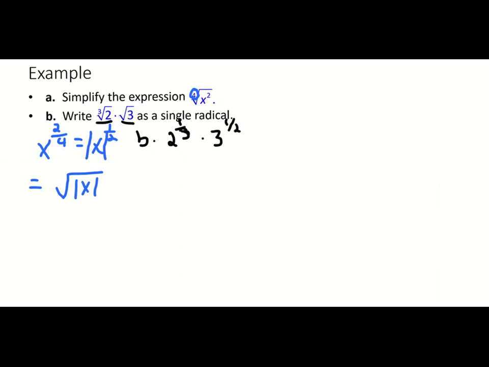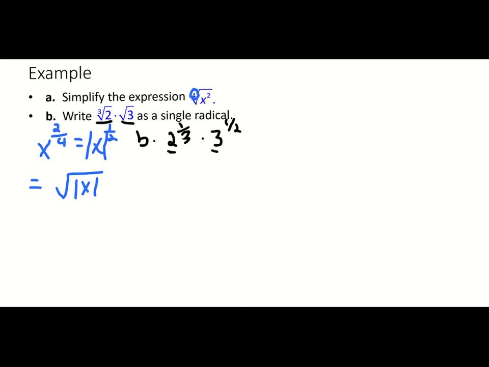Now, normally, what I would do is I would add my exponents and simplify, but my bases are different. In order to add your exponents, the bases have to be the same. So right now, I don't have much to help me with.